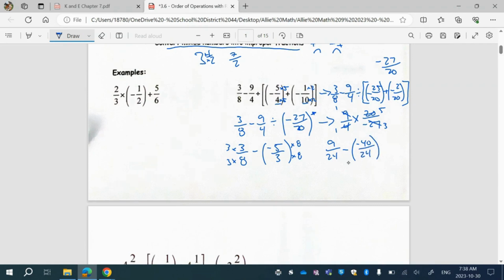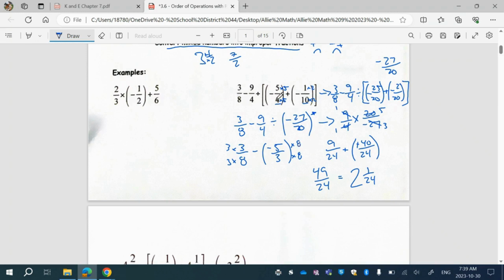Now remember, subtracting a negative is like adding a positive. So we are going to end up with 49 over 24. And then that can go in there 2 times. So 24 plus 24 is 48. So that's 2 with 1 left over 24.